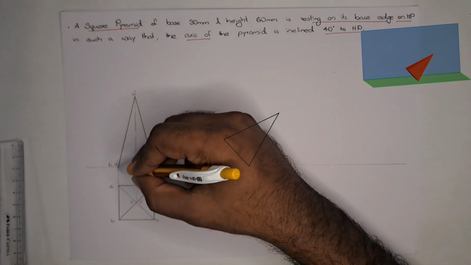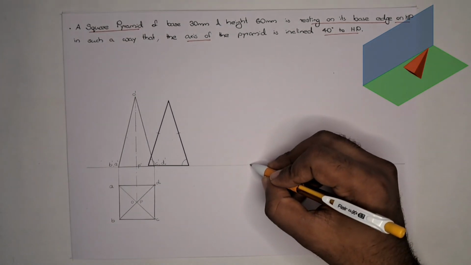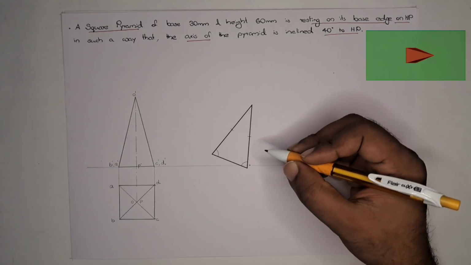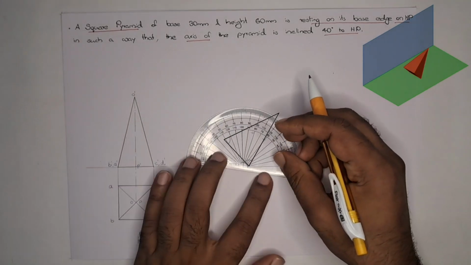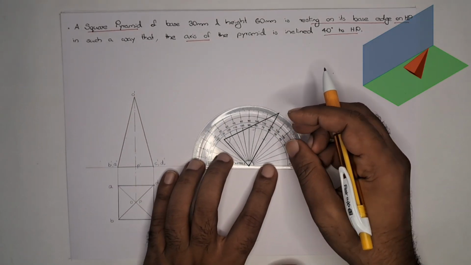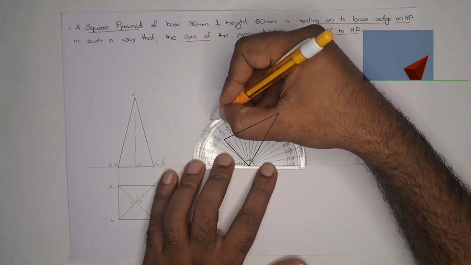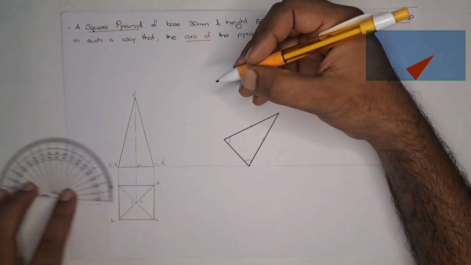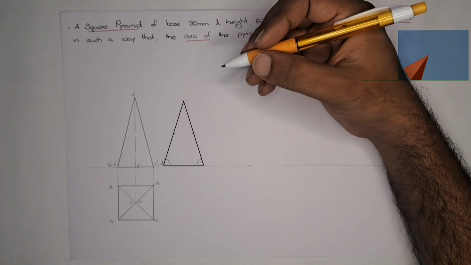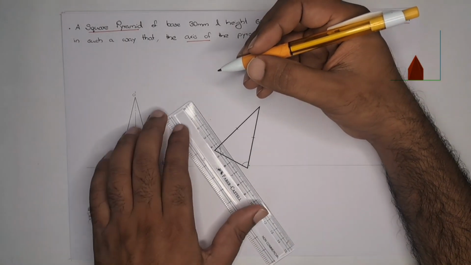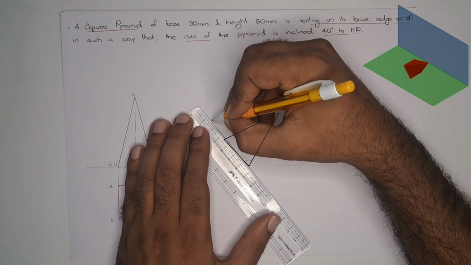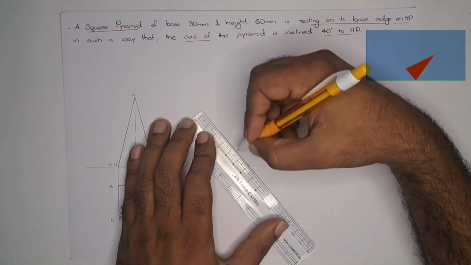Now we need to mark the point D dash over here and plot the angle 50 degree. We plot the line over here.